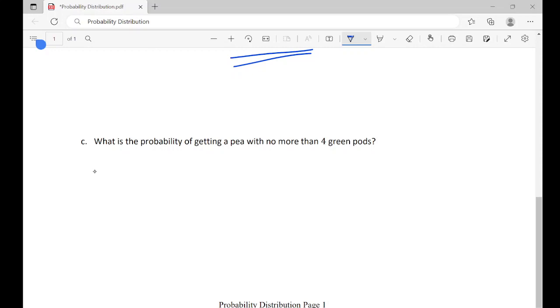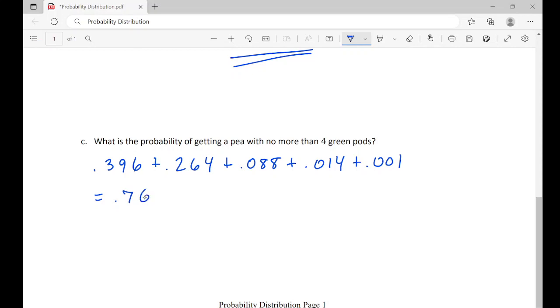So we're going to get 0.396 plus 0.264 plus 0.088 plus 0.014 plus 0.001. We're going to add all those up and we're going to get 0.763.